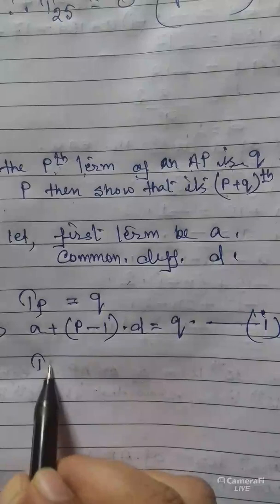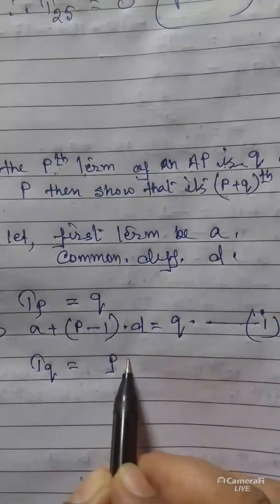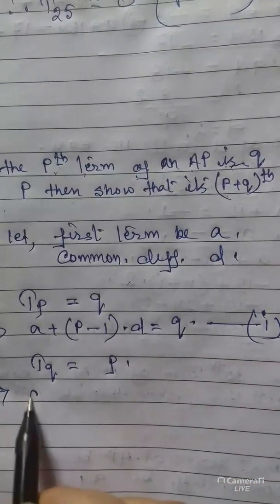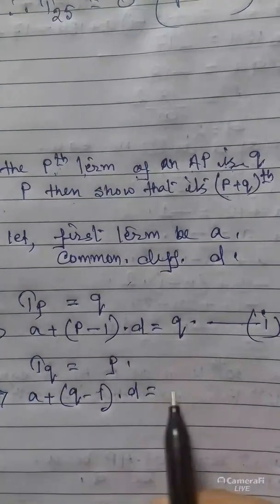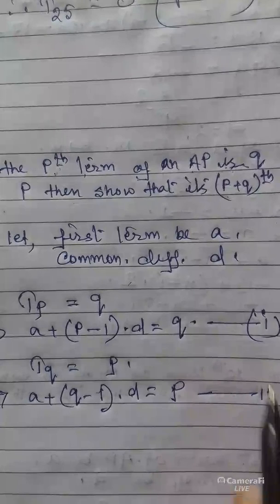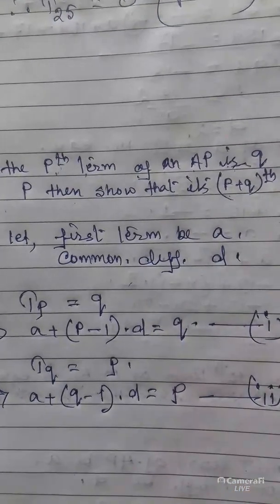And second condition, TQ equal to P. So A plus Q minus 1 into D equal to P. This is second equation.